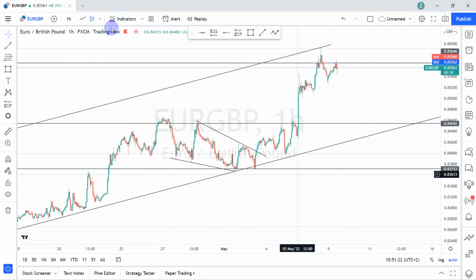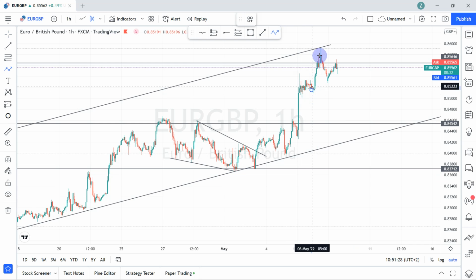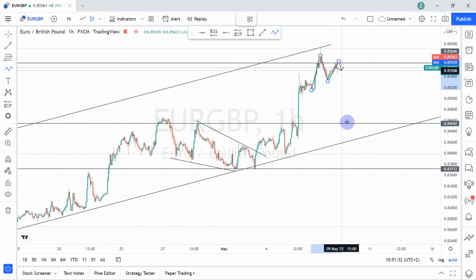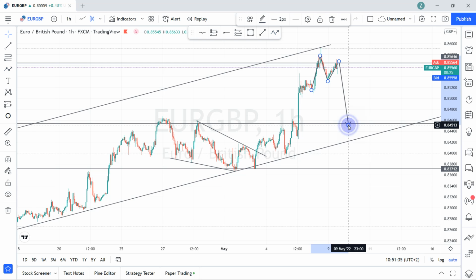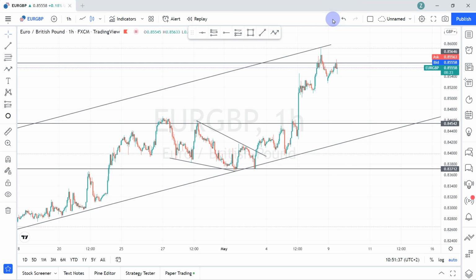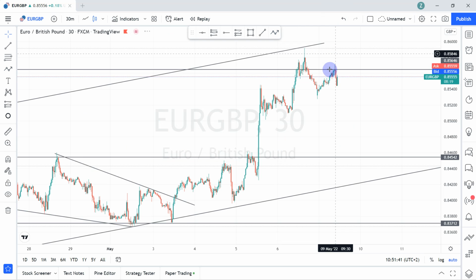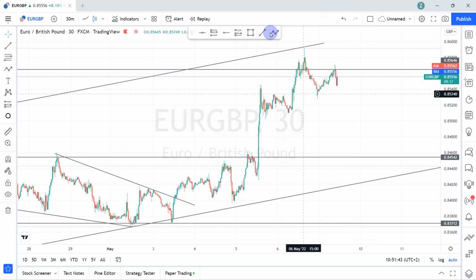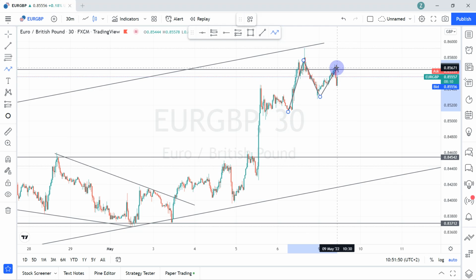So here there's also not much to see, but I'm seeing something here. I'm seeing this premature double top, which is a reversal type pattern. So that's basically what we would cater for. Let's go to the 30-minute time frame. So yes, this is our double top, sorry, our double top.